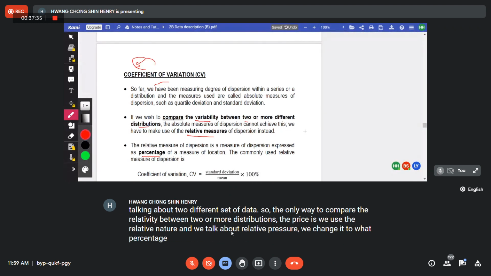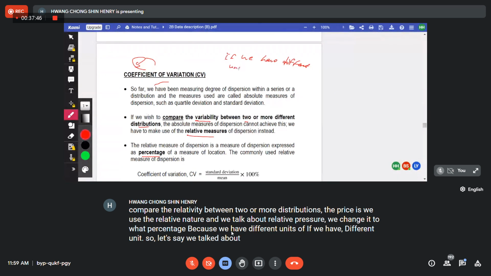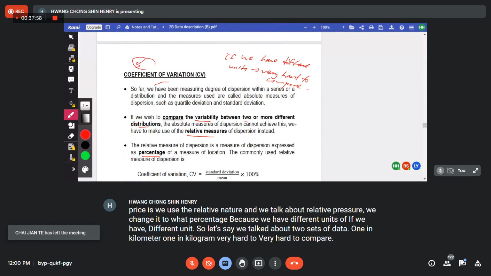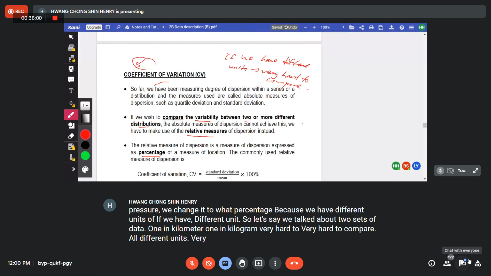Percentage. Because if we have different units, let's say 2 sets of data, one in kilometer, one in kilogram, it is very hard to compare.